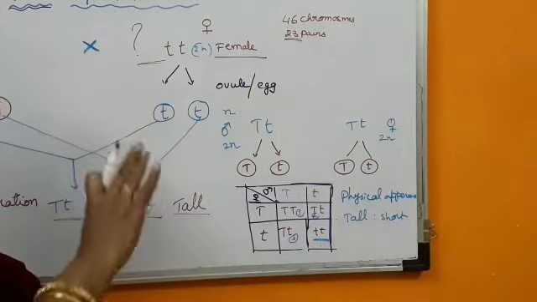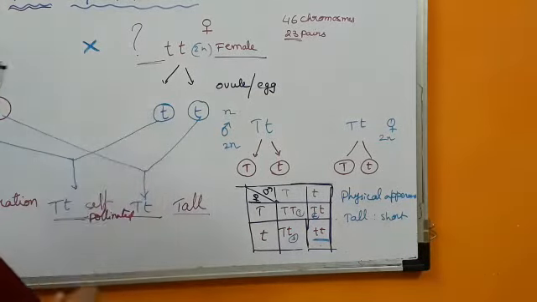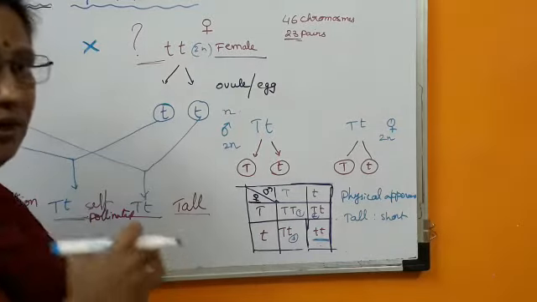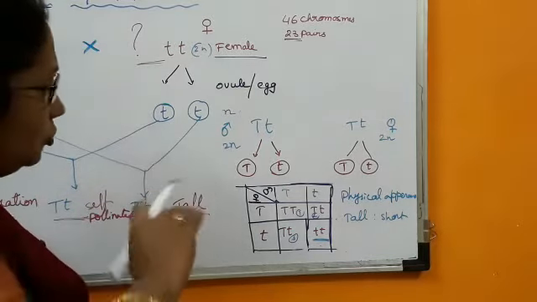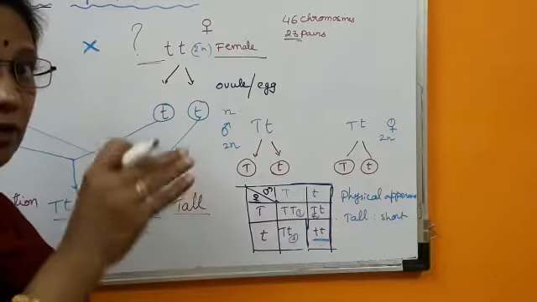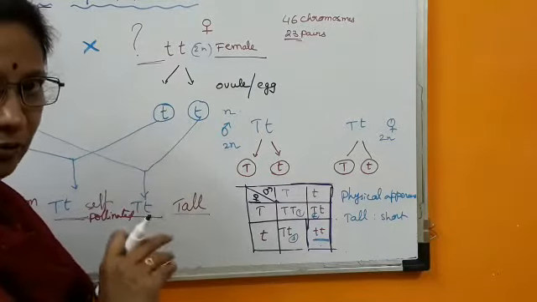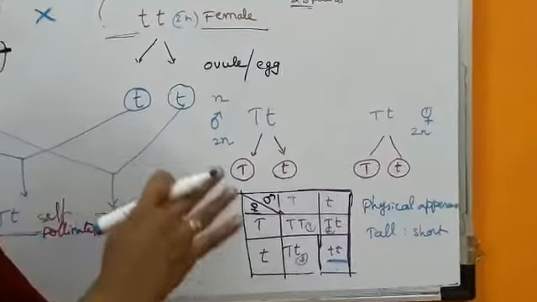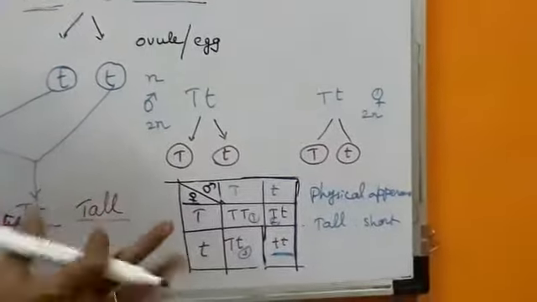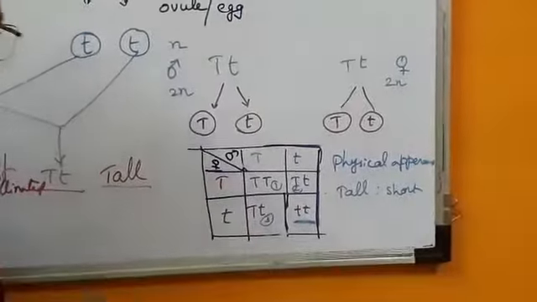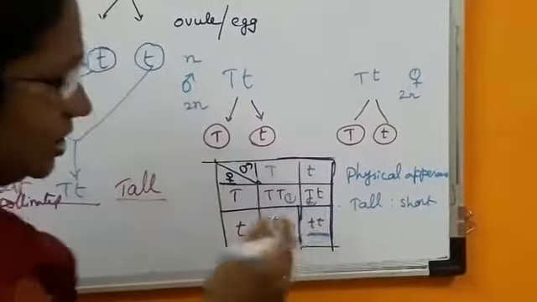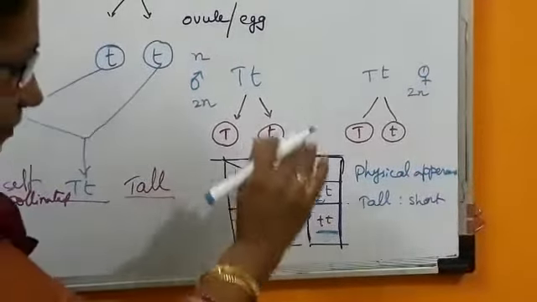So, in the previous video, I mentioned the dominant trait and recessive trait. When two factors are there, that is heterozygous condition, one factor will dominate the other one. The one which is dominating will be called the dominant trait and the one which is unable to dominate is called a recessive trait. So, this one, the small t trait will not be seen. So, that's why this will be recessive.